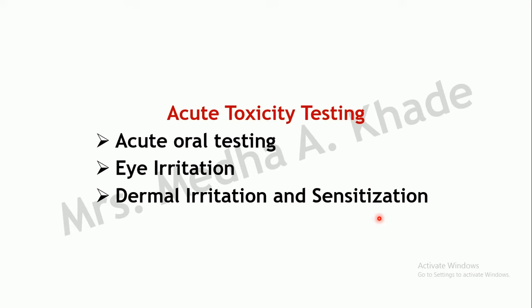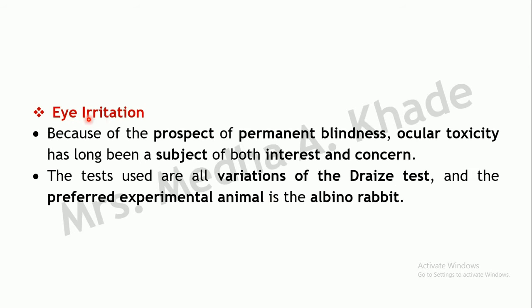So here, as the name implies, exposure will be either by instillation into the eye or by application to the skin. To start with, the eye irritation test. This test aims at studying the potential toxicity when some chemical enters your eye accidentally.